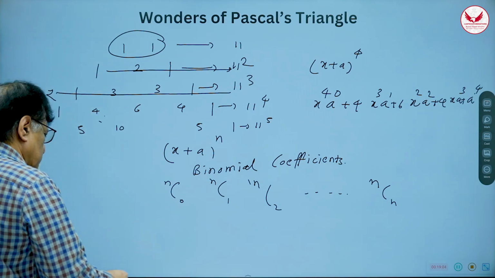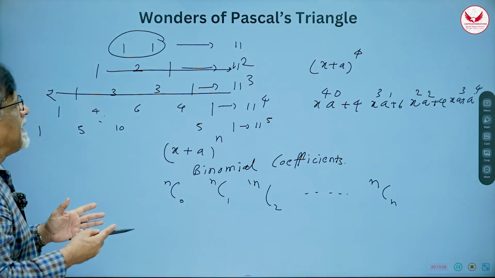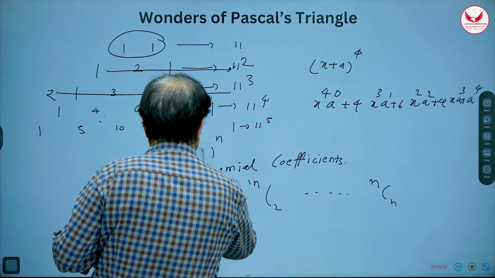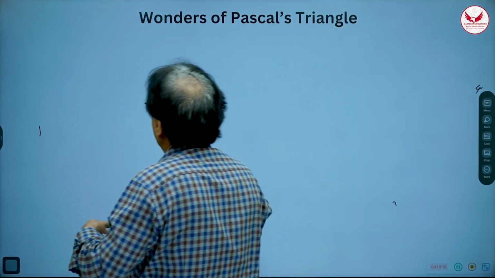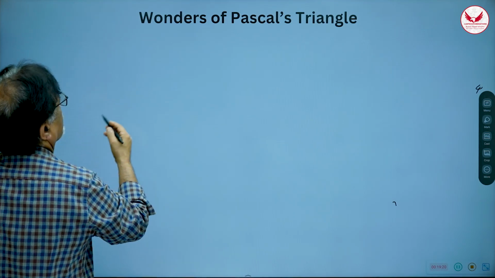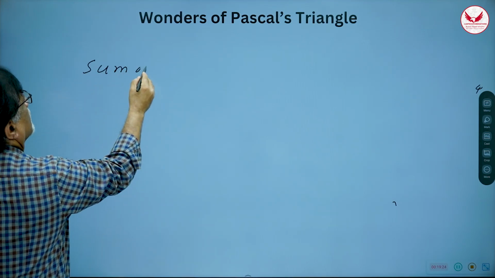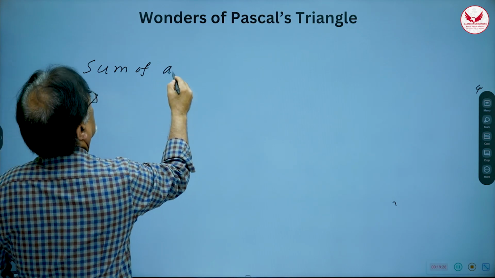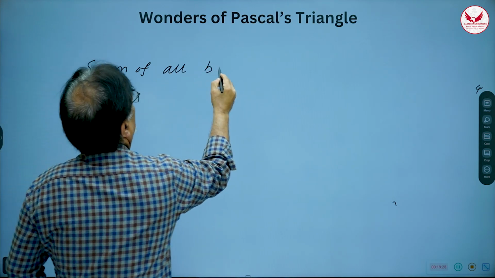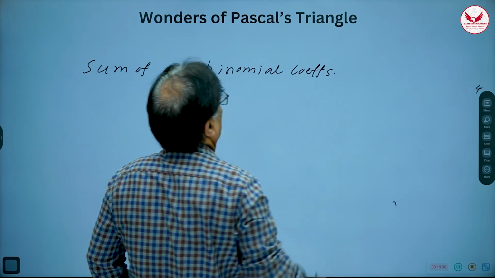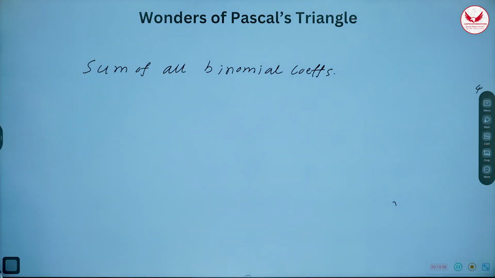Okay. Now one more identity I would like to prove, which is very interesting. What is the sum of all binomial coefficients? That is a question. I'll write it in short: coefficients means COEFFS.